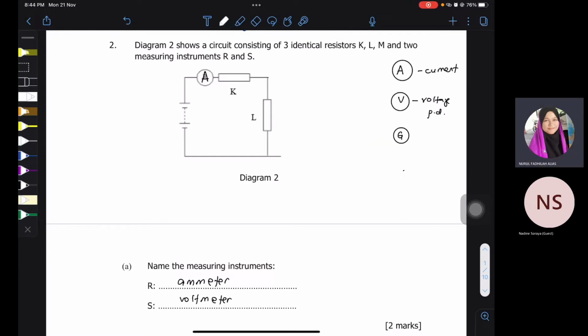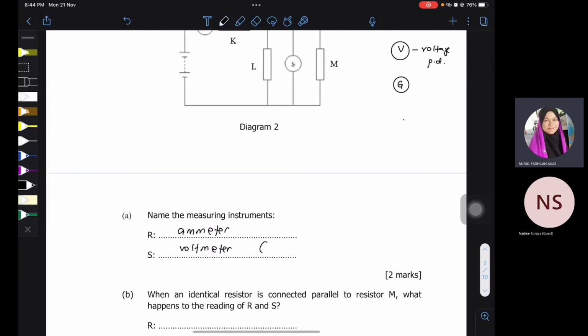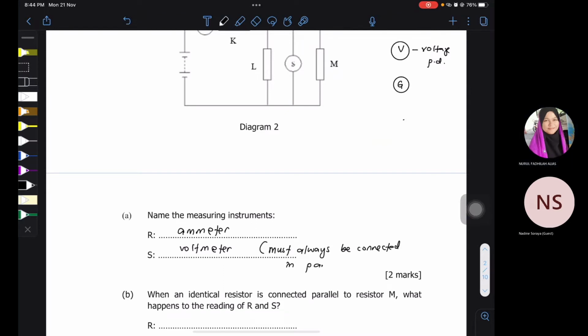So voltmeter if you put in series it will not work. Dia takkan berfungsi. And then you nampak tak yang ni dia adalah parallel to L and M. Dia across L and M. Jadi, that's the voltmeter. Voltmeter must always be connected in parallel. Ammeter mesti in series.